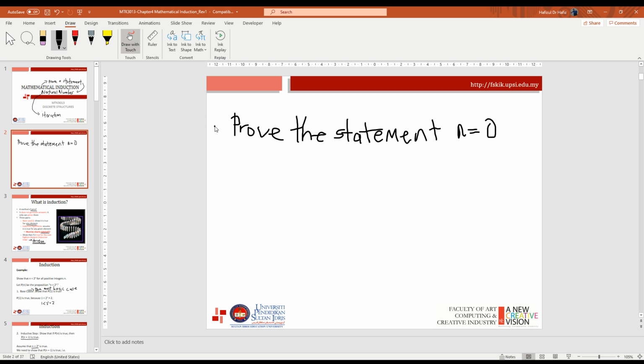And then the second is to prove that it holds for n equal to k, and then n equal to k plus 1. This one is the next case.